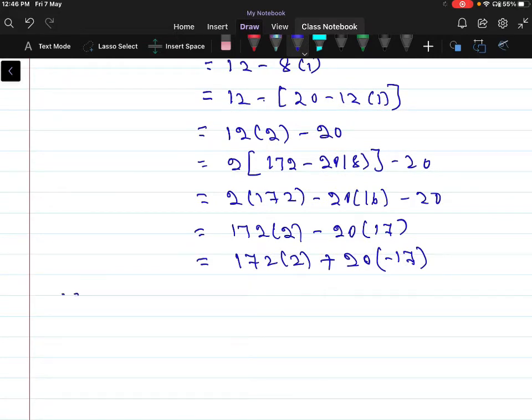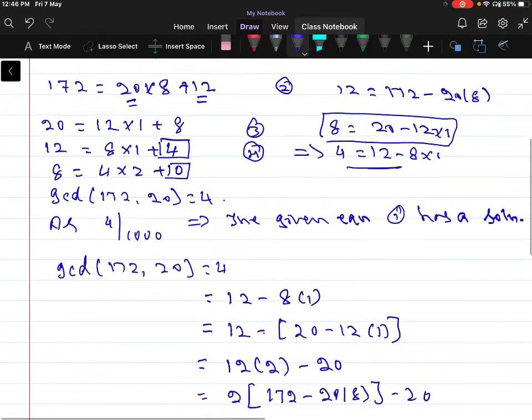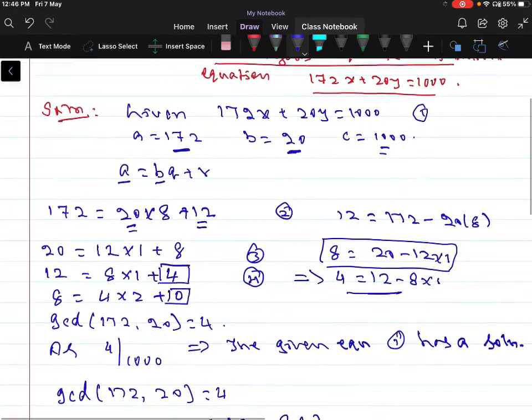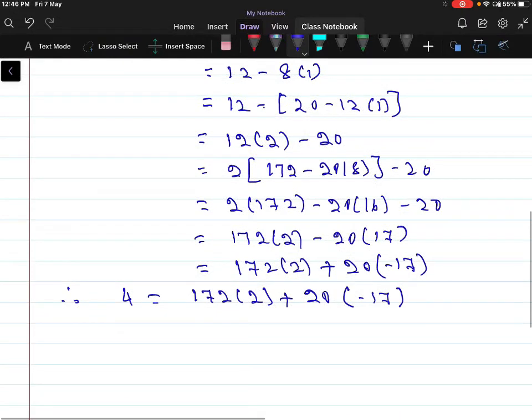Therefore 4 is equal to 172 into 2 plus 20 into minus 17. So let us put it in the form of the Diophantine equation, that is C is equal to 1000. For this, multiply by 250 to get 4 becomes 1000 here.